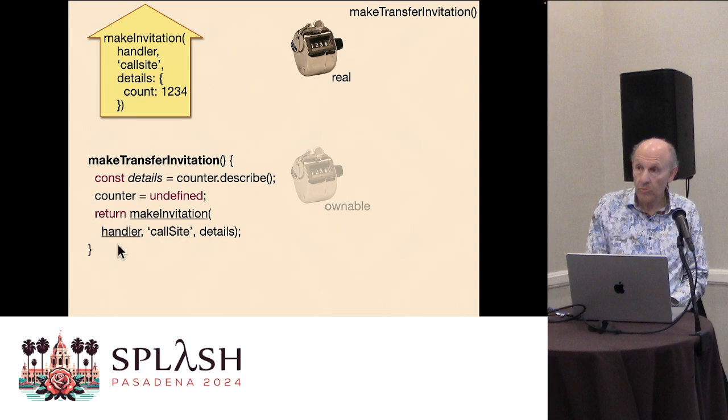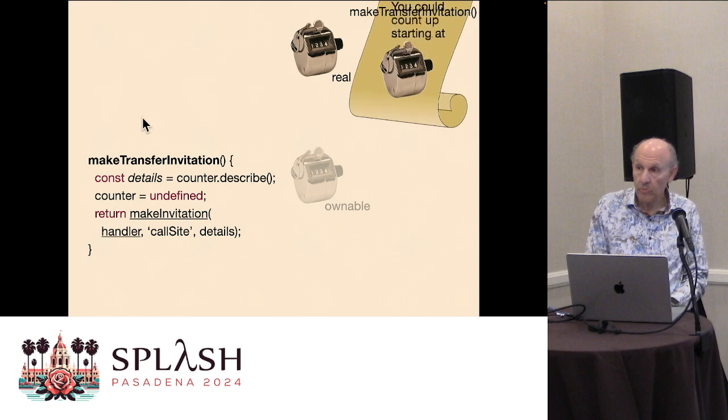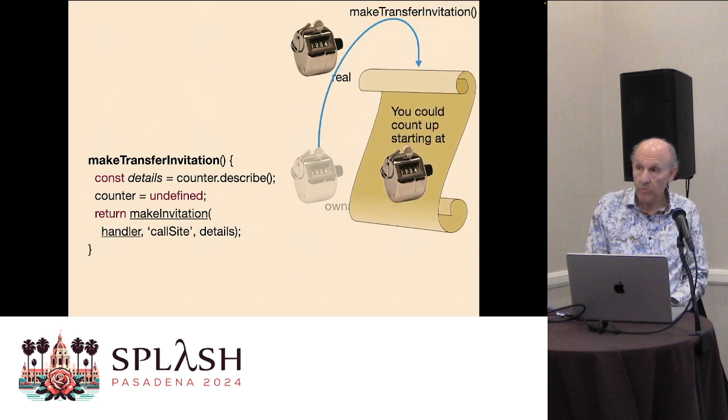So we see over here, we got the details by calling the real counter's describe, and we then use that up here in the invitation, which is to say that the count at the moment is 1, 2, 3, 4. So having sent off the make invitation, we get back this invitation.